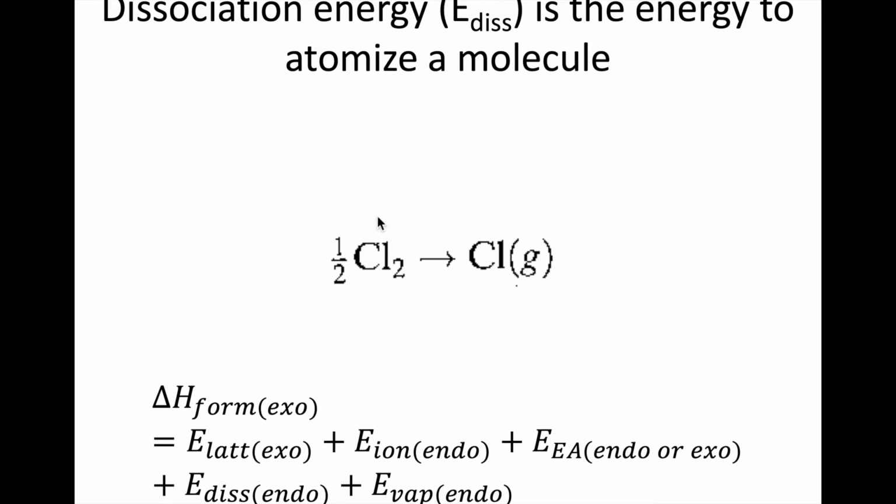For sodium chloride, the nonmetal is chlorine, and its natural state is Cl2, so diatomic. If we want to get that into Cl gas, then we have to dissociate this molecule, and that is going to be the dissociation energy in this equation.